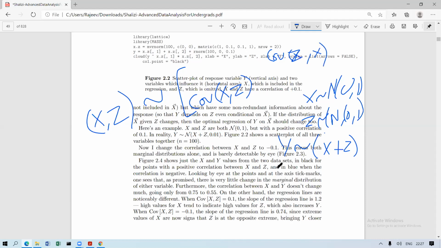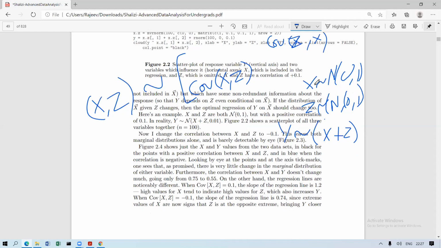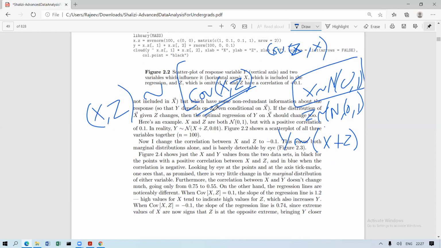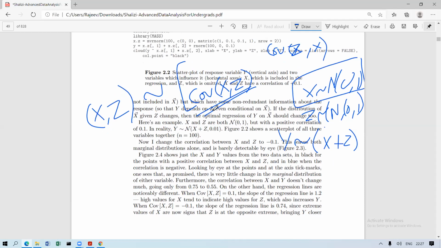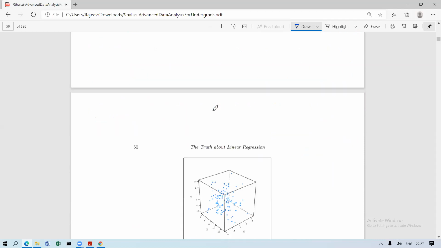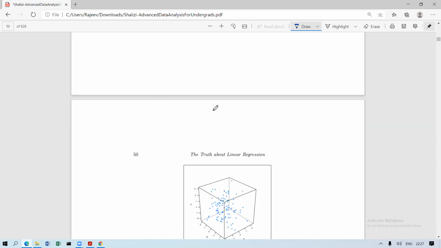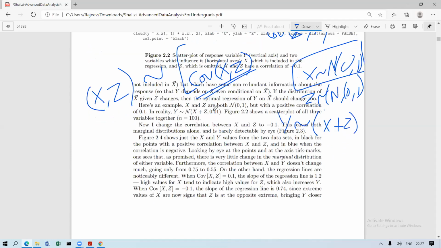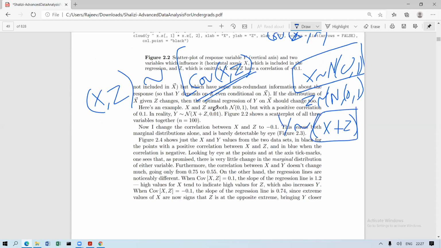If we change that, just because you are observing x, you won't know that the covariance of x and z has changed. So there is no way to observe this change. In the first case, he has changed it slightly from 0.1 to minus 0.1, and the optimal predictor completely changes, because y is not dependent just on x, but also on z.